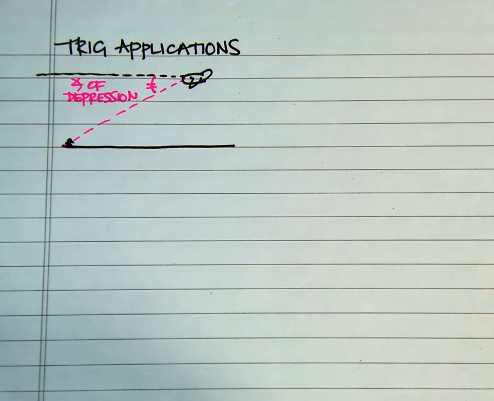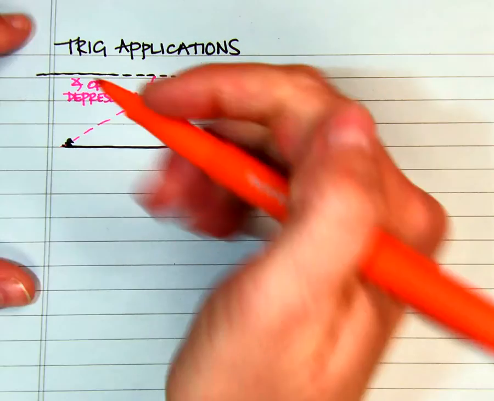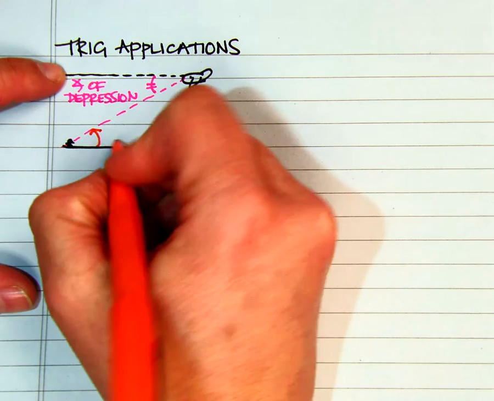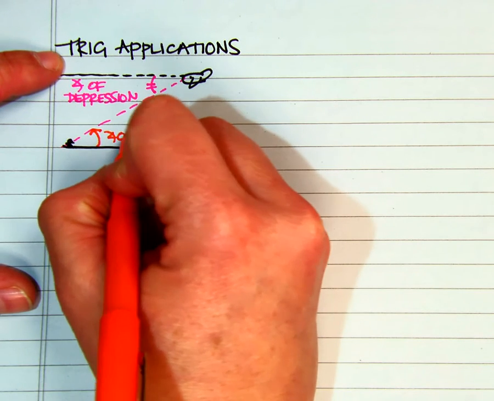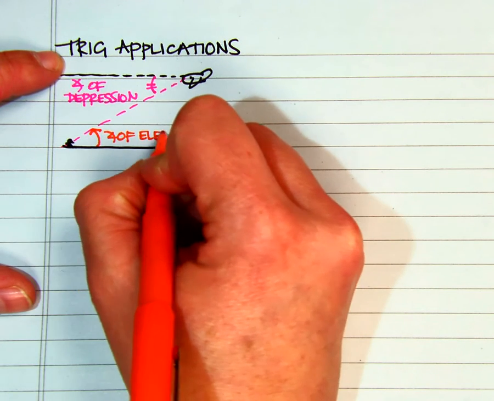Okay, and if the person is looking up to the plane, then this is called the angle of elevation.